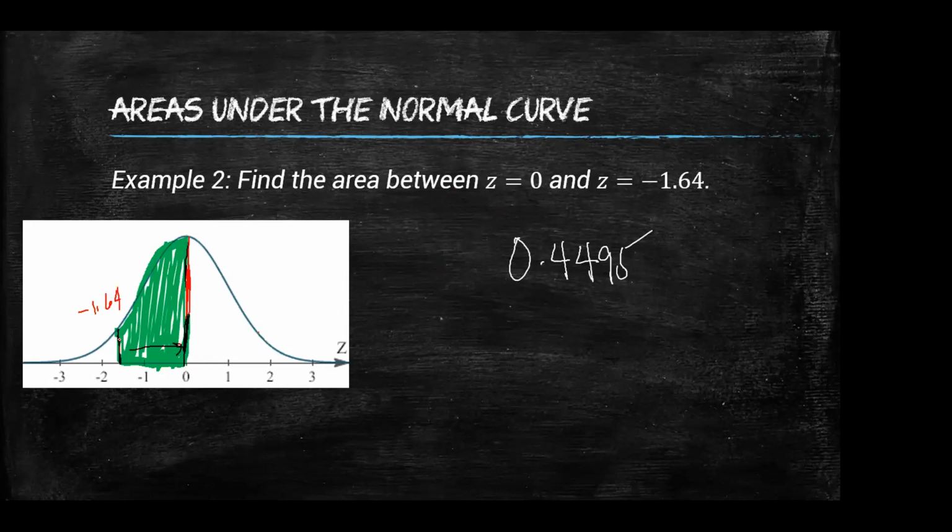Kasi ang hinahanap natin lang naman is yung distance from negative 1.64 and 0, which is negative 1.64 din. Ano ngayon yung magiging area? Ang area could only be non-negative number. Kahit naman nung high school kayo, may nakita na ba kayong area na negative?